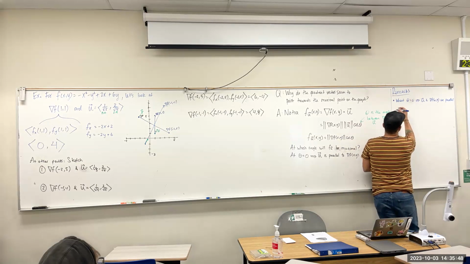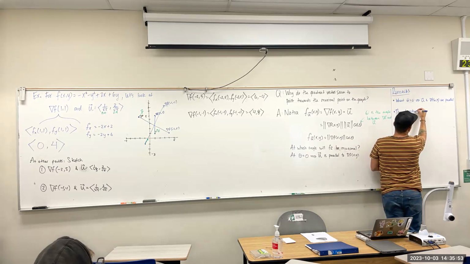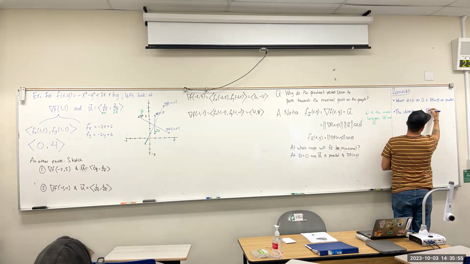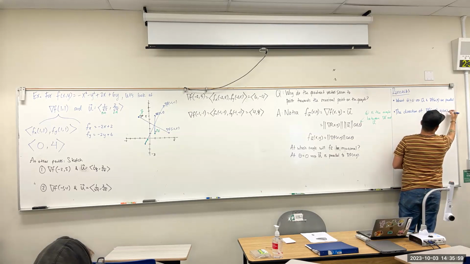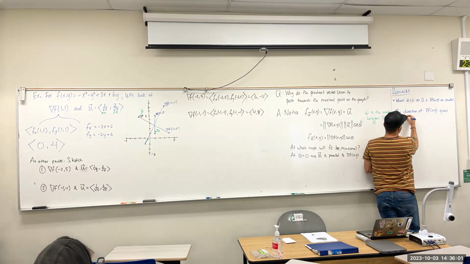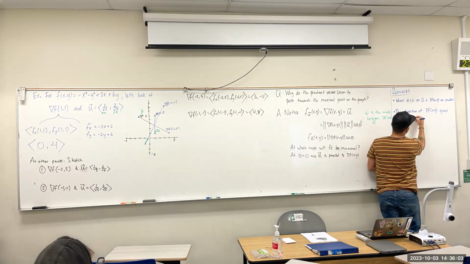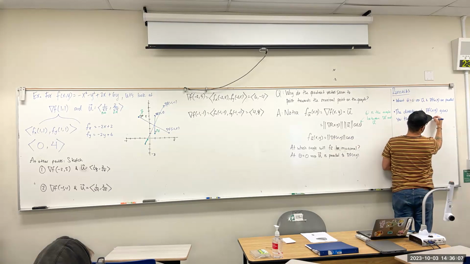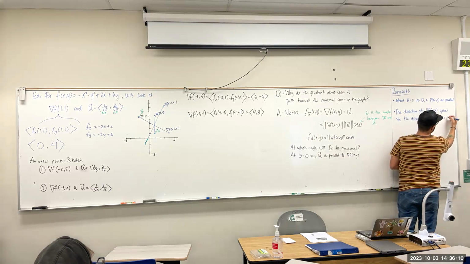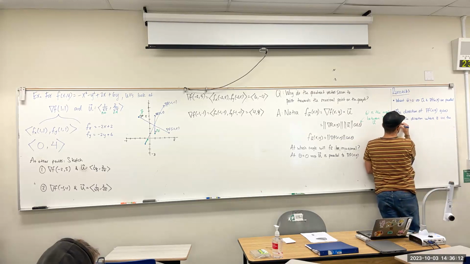So the direction of the gradient at that point gives you the direction where z increases the fastest.